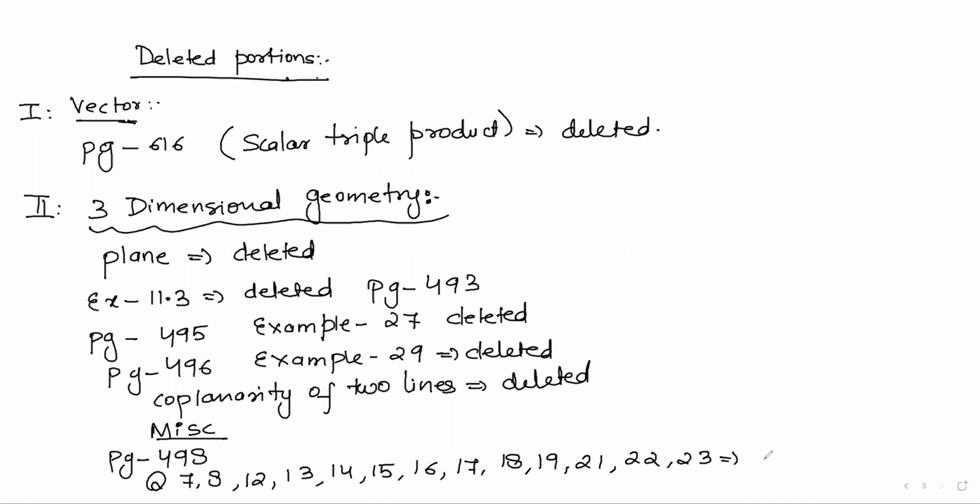So they have deleted these. Now this chapter will become very, very easy because the most difficult part was the plane. So we can complete this chapter in 4 classes, if you do the homework. So your burden has decreased a lot. Please note down this. Next is linear programming and probability. This we will do once we complete three-dimensional geometry. Please note down this. Raise your hands once it is done. Then we will start the 3D.